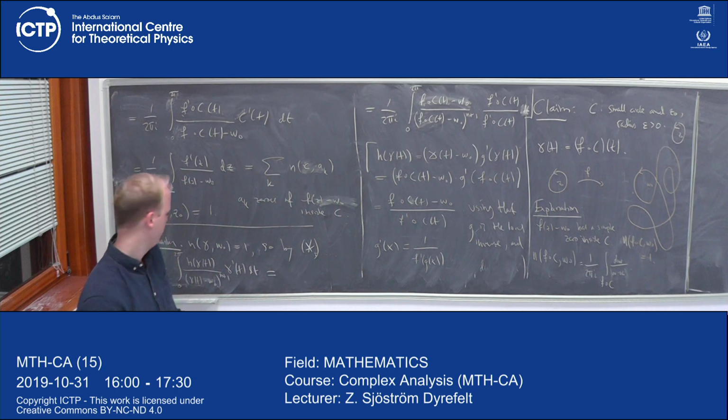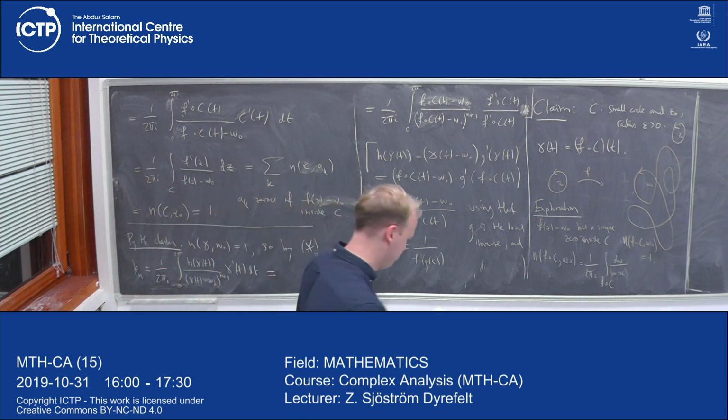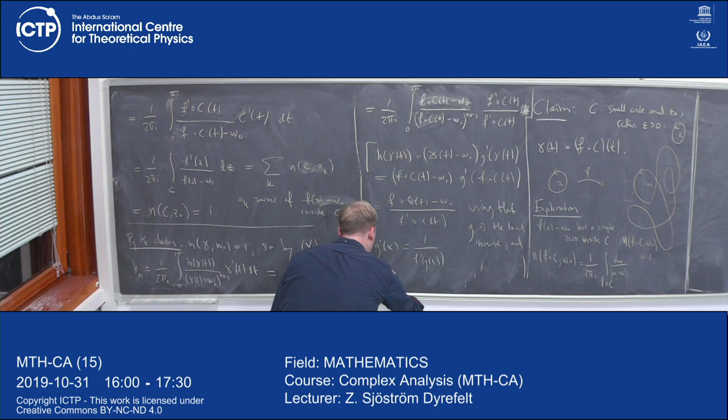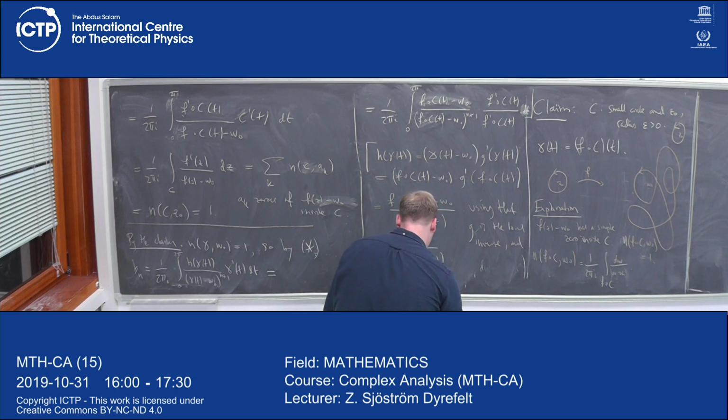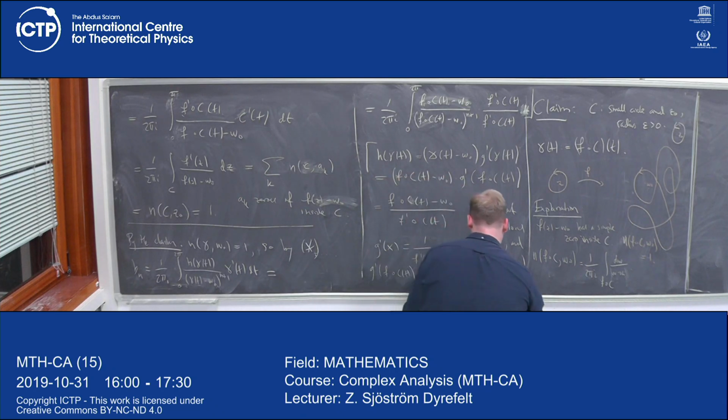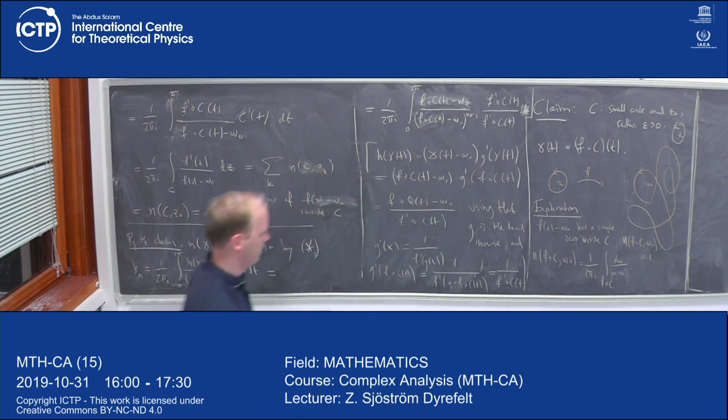So use this formula, and this means that g prime of f of c of t is equal to 1 over f prime of g of f of c of t, which is equal to 1 over f prime of c of t.